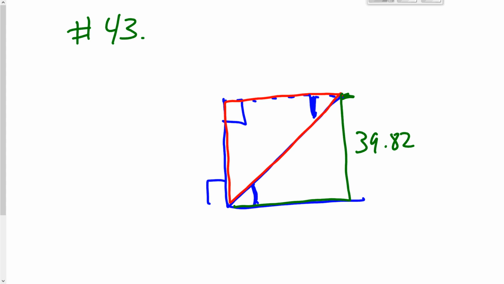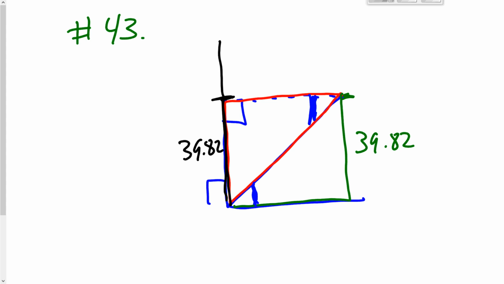So we're going to have to convert this in the end, taking the decimal 0.82 or whatever it is, times that by 60, and that will turn it to the nearest minute. Okay, so if that's 39.82, isn't this distance of the building, even though the building keeps going up, from right here down also 39.82? So either way, you're finding this angle in blue.